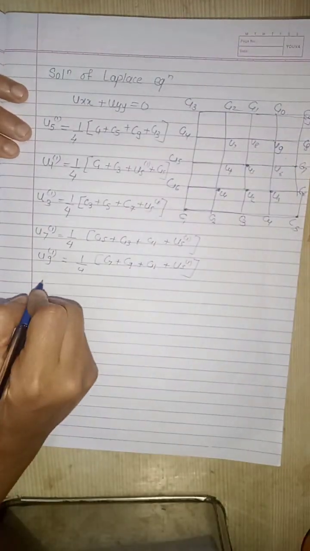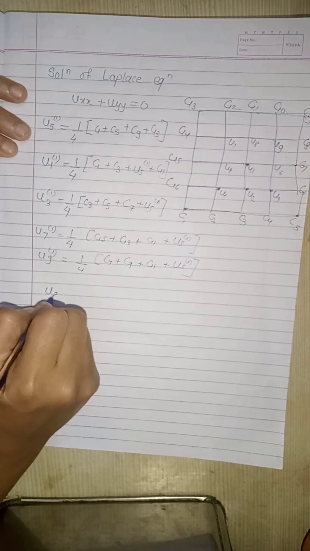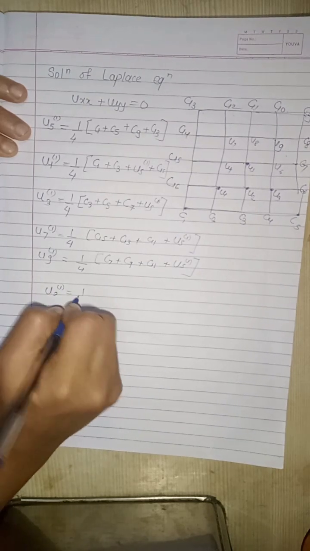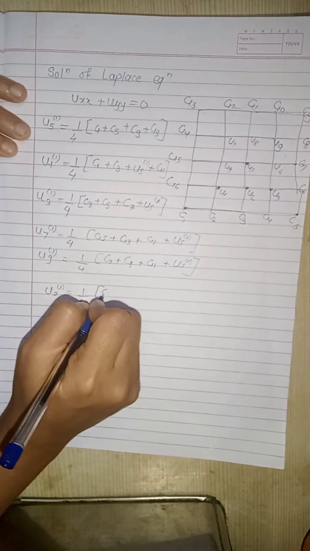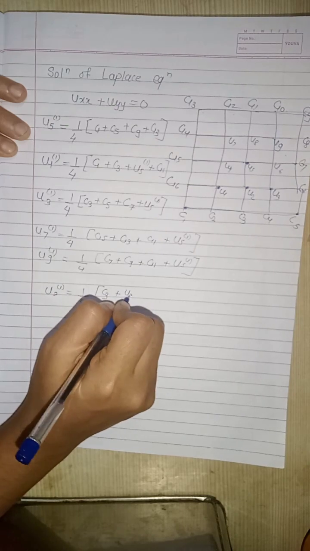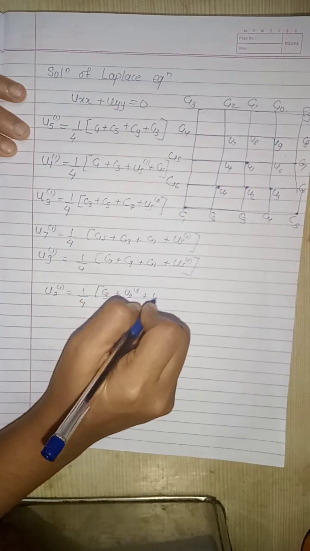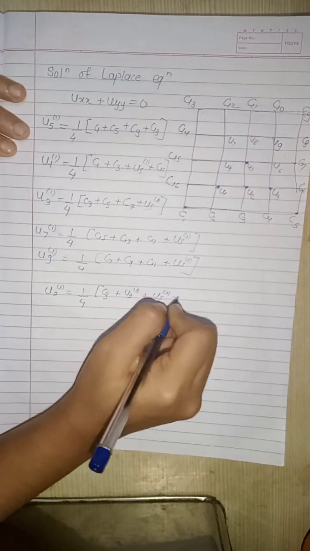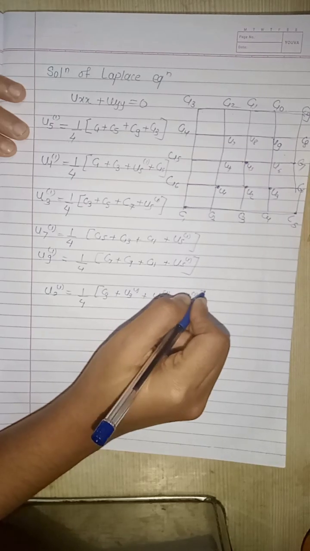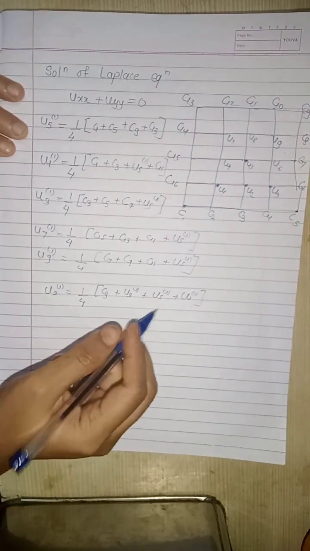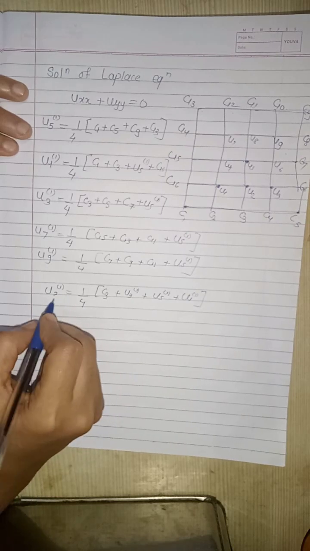So you can write u2^(1) equal to 1 upon 4 [c3 plus u3^(1) plus u5^(1) plus u1^(1)]. Okay, so this is for u2^(1).